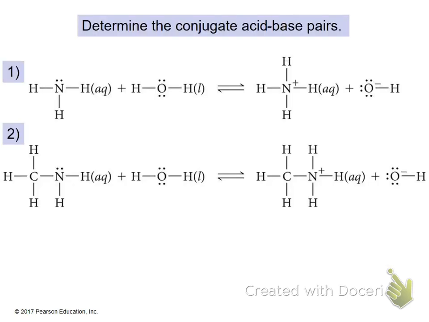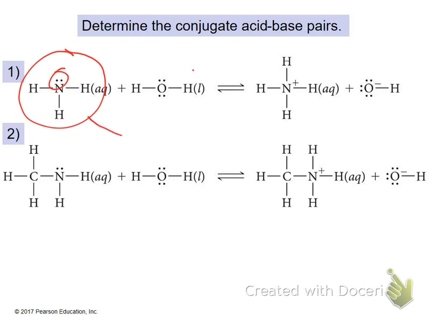All right, so here's a quick recap of how to determine the conjugate acid base pairs. NH3 here has a lone pair of electrons. So that means it can act as a base, right? And water here can act as an acid. If you notice, on the reactant side, before the reaction, it is NH3.